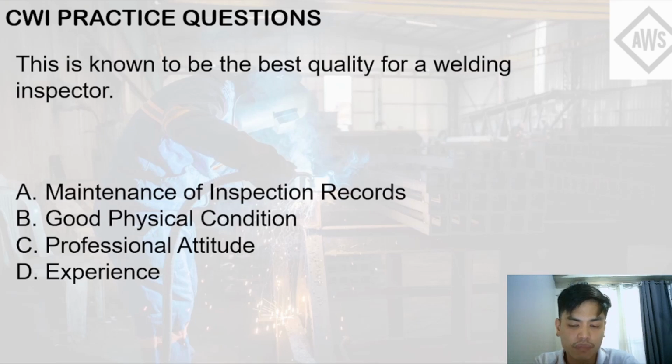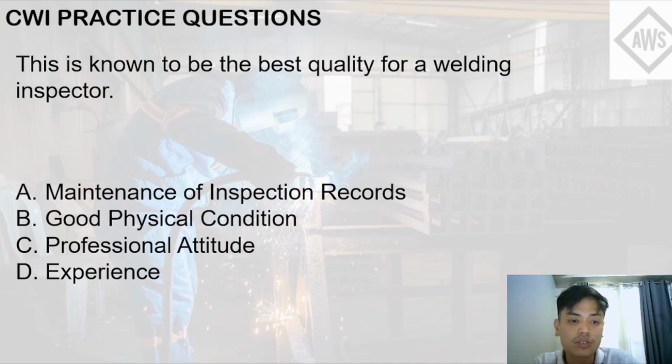Some proponents or some owners of the plant, for example, need the inspection records for reference in the future. So if a similar defect occurs in the plant, they may refer to that inspection record. So it is important for the welding inspector to maintain those inspection records in good condition, so they can be referenced in the future for similar conditions that will happen.